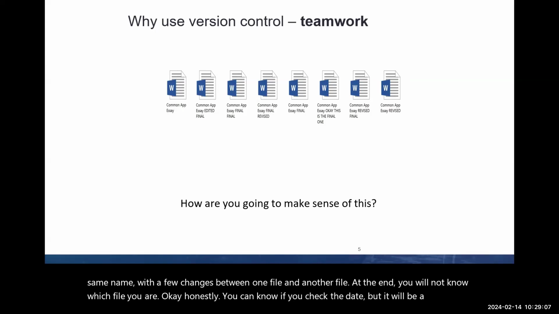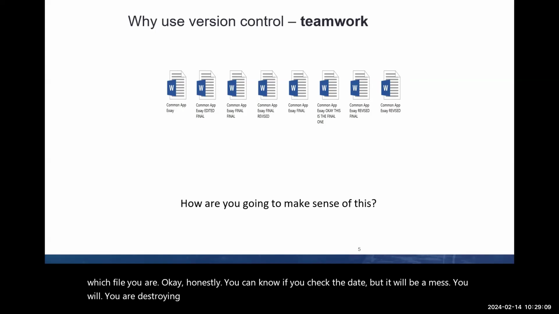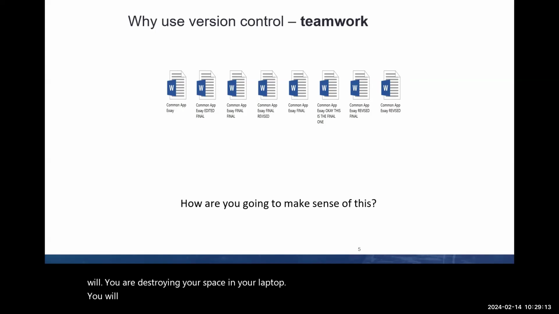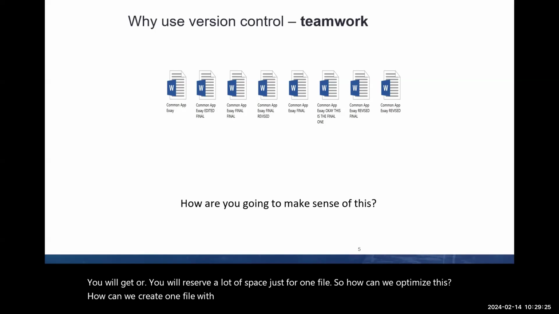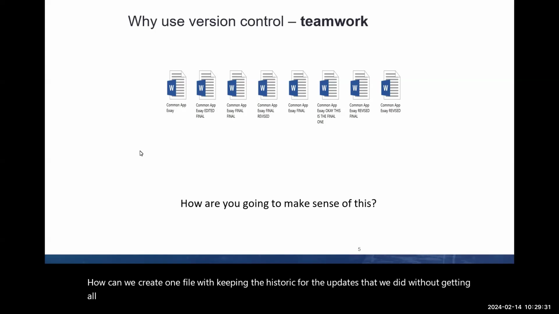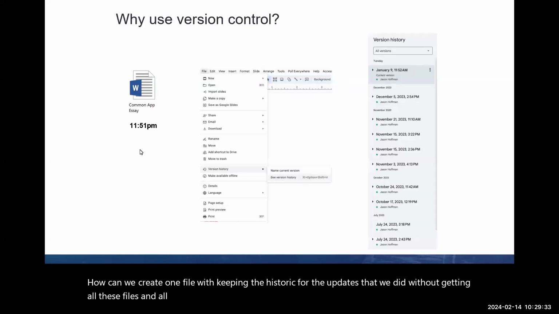You are wasting space on your laptop, reserving a lot of space just for one file. So how can we optimize this? How can we keep one file with the history of the updates that we did, without getting all these files and using all this space in memory?